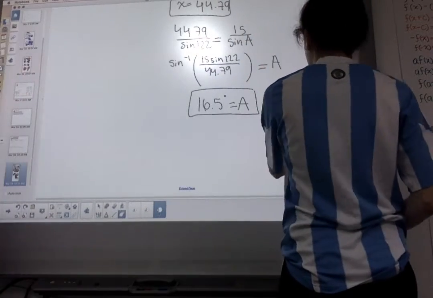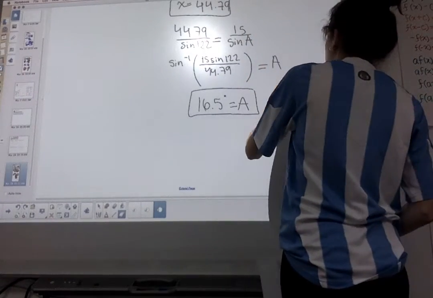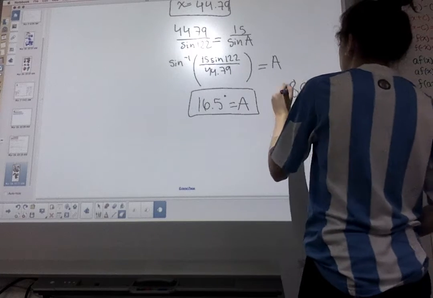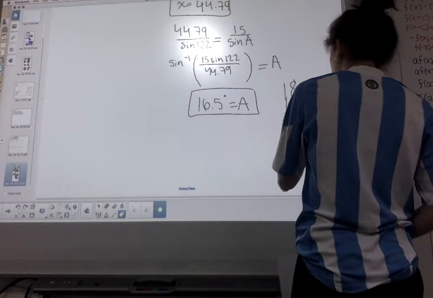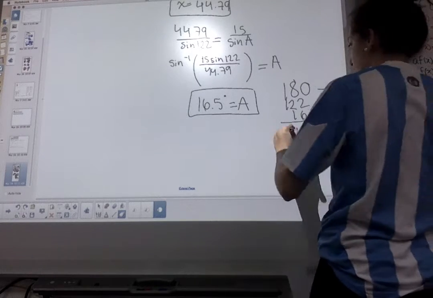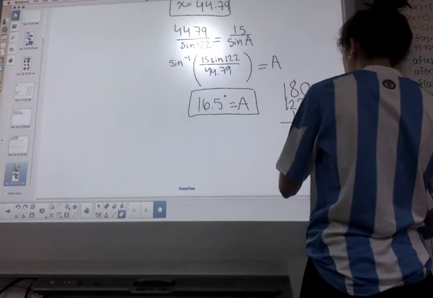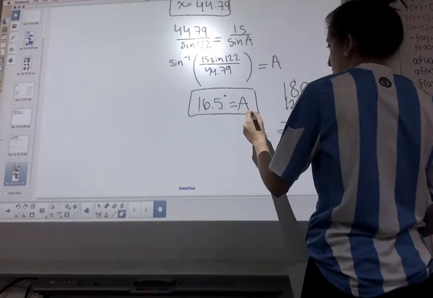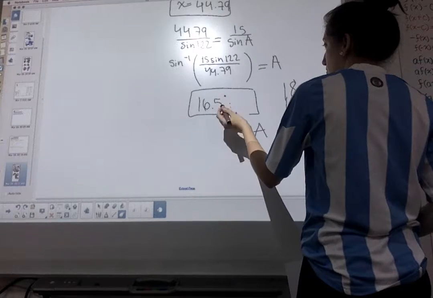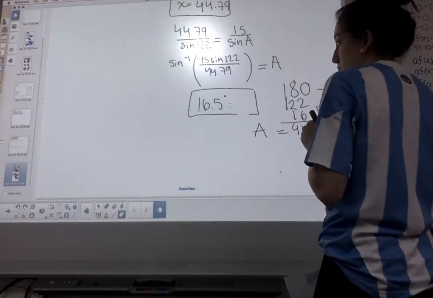Estaría yendo para allá. Ajá, ¿qué hago? 180 menos qué? Menos 122. Menos 16.5. No, es 180 menos 270 menos 41.5. Or 200, 100, I don't really. Yeah. You found the outside side, but you haven't found the bearing. No, bro, con ese ya lo puedes sacar.